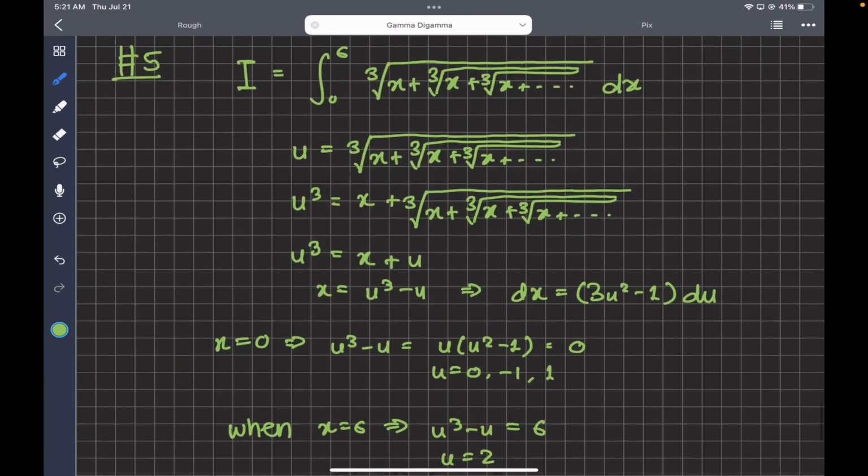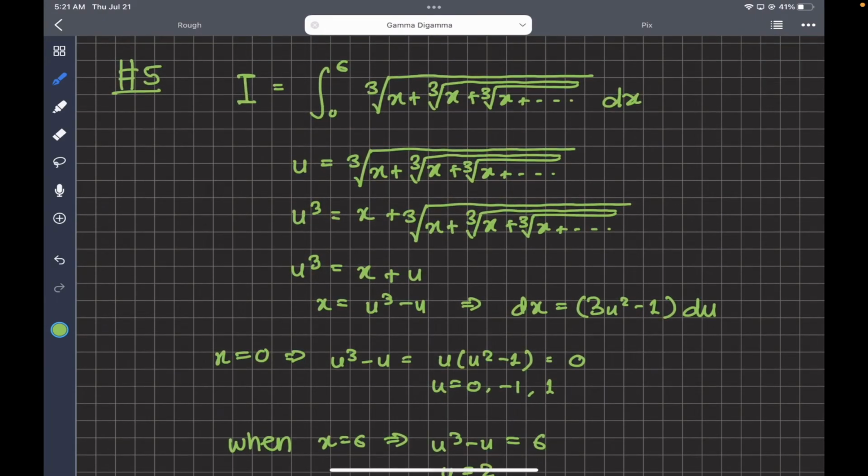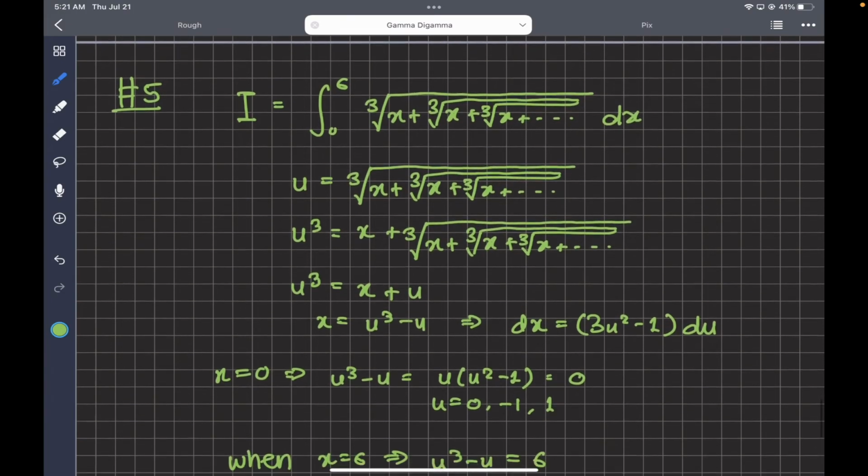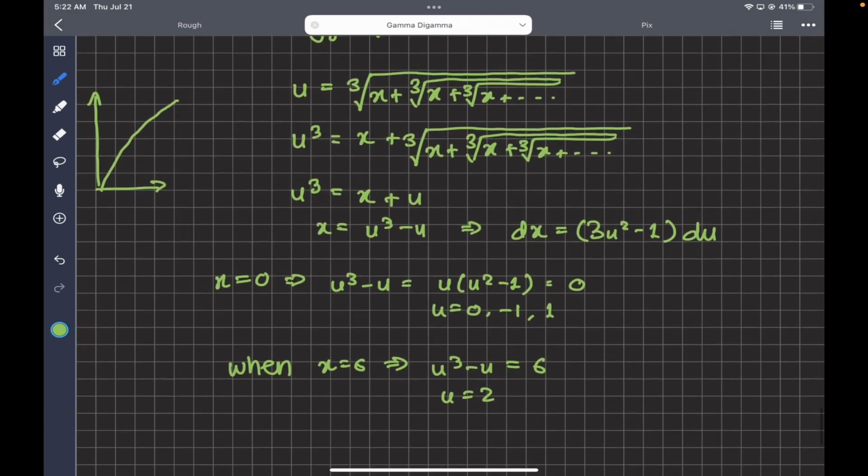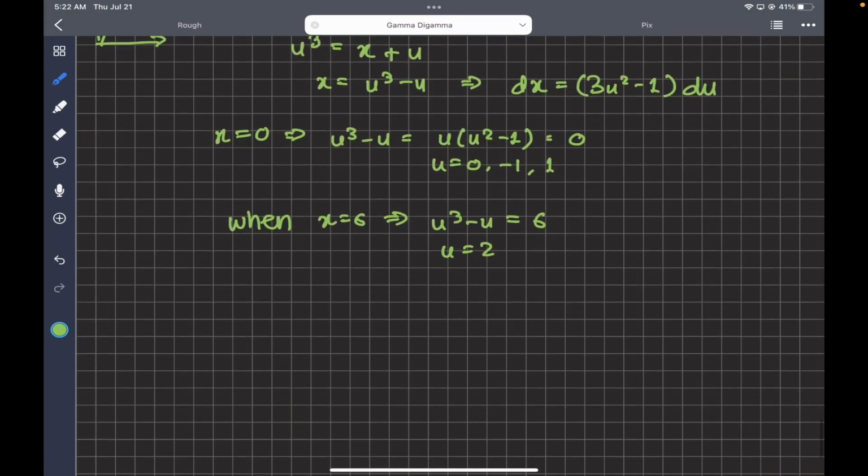Well, look at the behavior. The original integrand is a cube root function, and a cube root function is always positive and always increasing like this. Now for our function, u cubed minus u, we know the zeros: there are zeros at minus 1, 0 and 1. Let's say this is -1, this is 0, and this is 1.